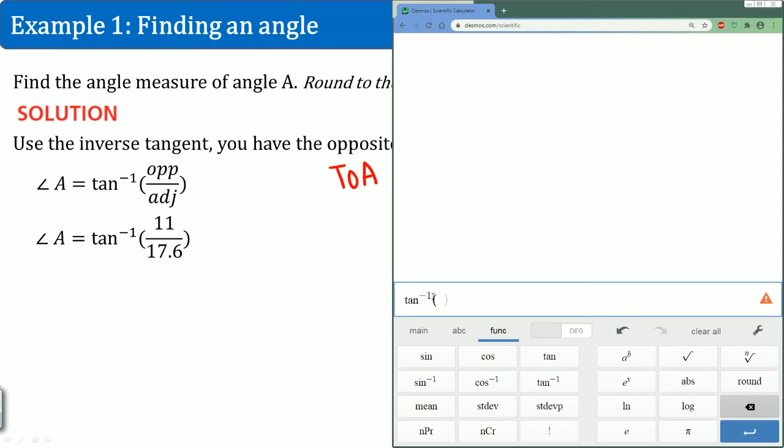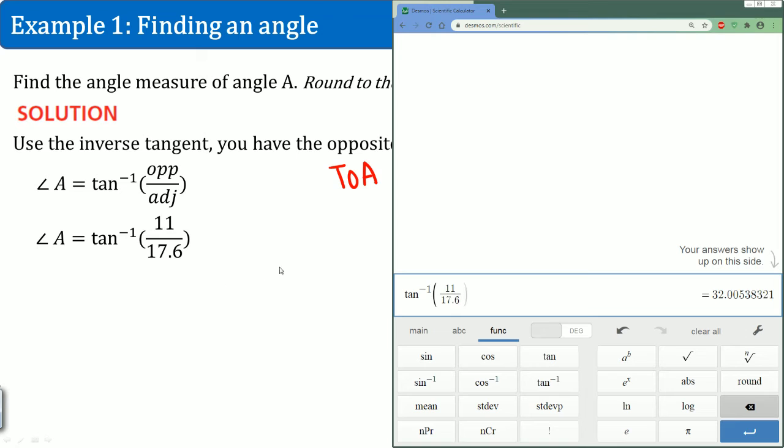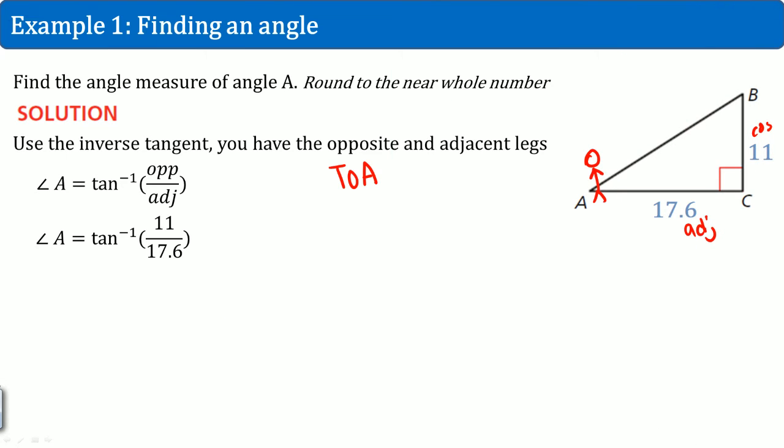It has the -1. Now you want to do 11, then we hit the divide symbol, and 17.6 is on the bottom, and our answer is going to be 32 degrees. There you go. So we could say that angle A is equal to 32 degrees.